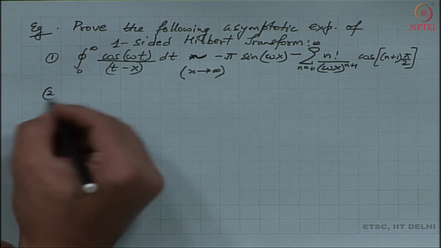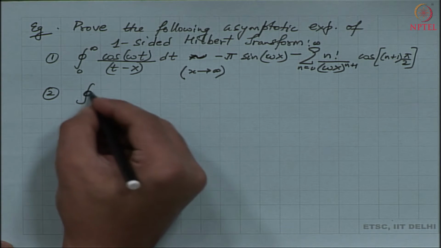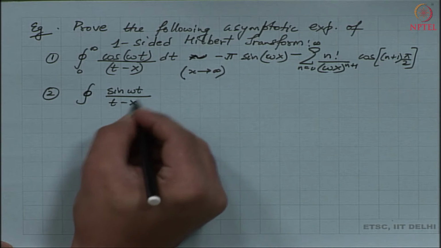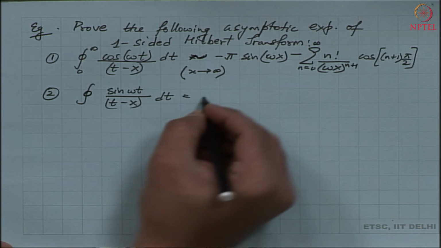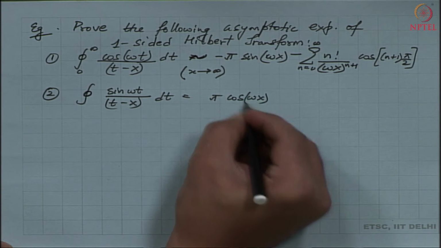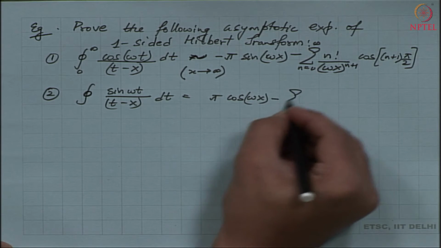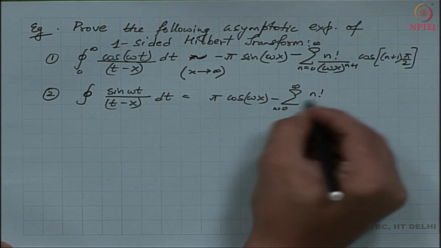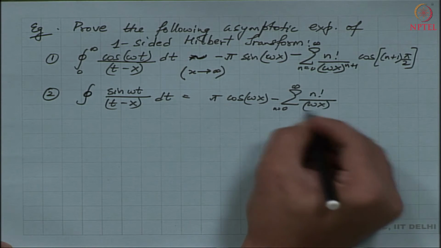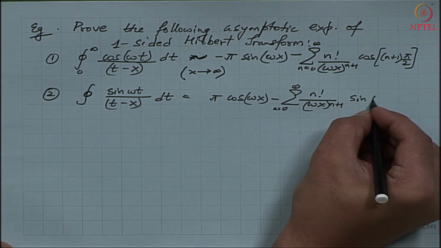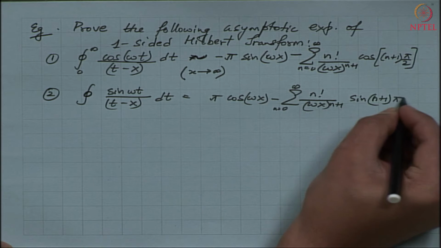Now, the second result says that the similar integral with sin omega t over t minus x dt is pi cos omega x minus the summation again from 0 to infinity of n factorial by omega x to the power n plus 1 times sin of n plus 1 pi by 2.